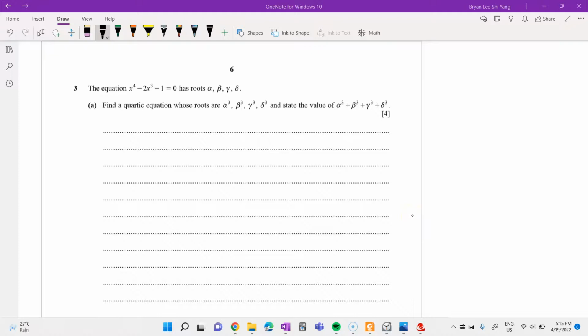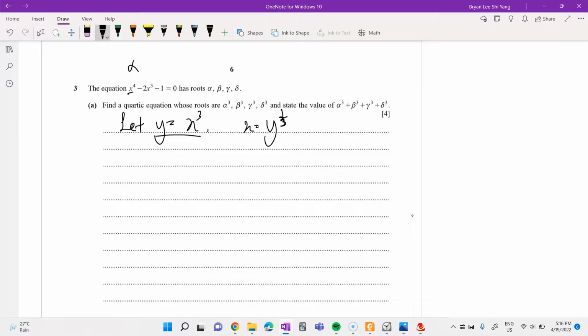Whose roots are. So let y equal x cubed, right? Because if I put alpha inside here, then this will be satisfied. So let's just let y equal x cubed, and then x equals y to the 1/3.